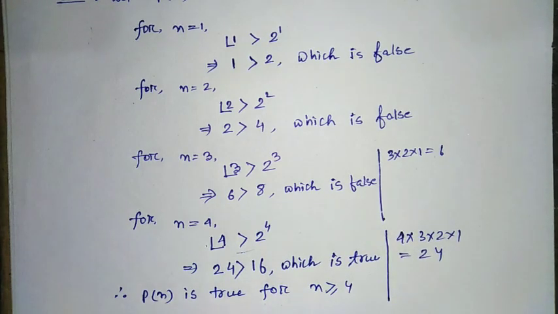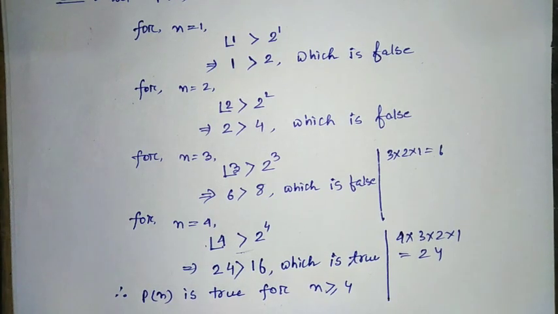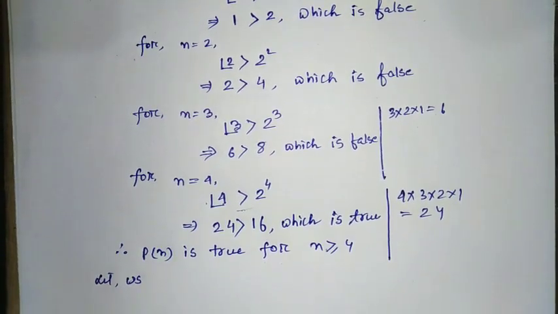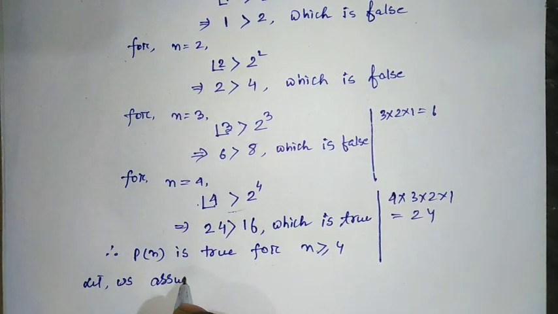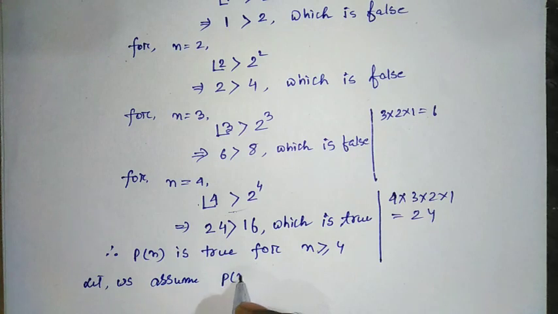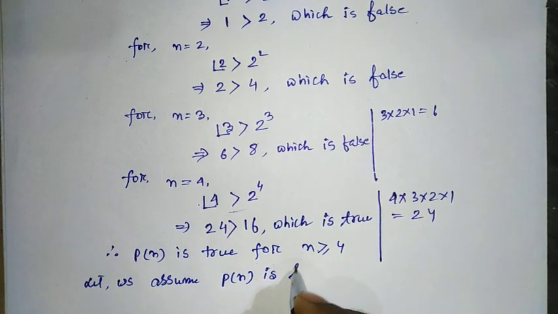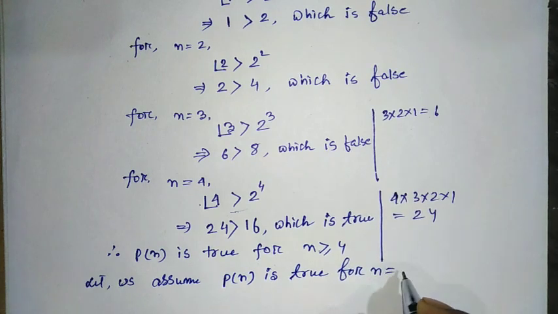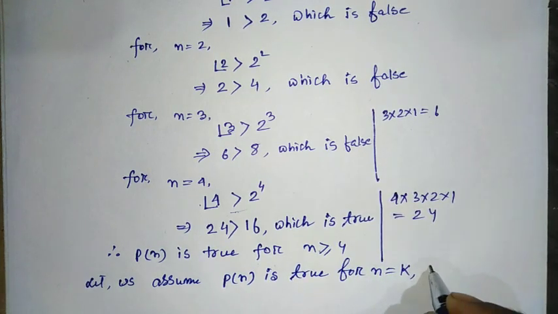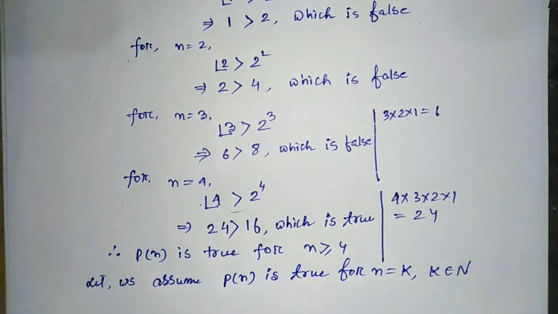Now let us assume Pn is true for n equal to k, where k belongs to natural numbers.